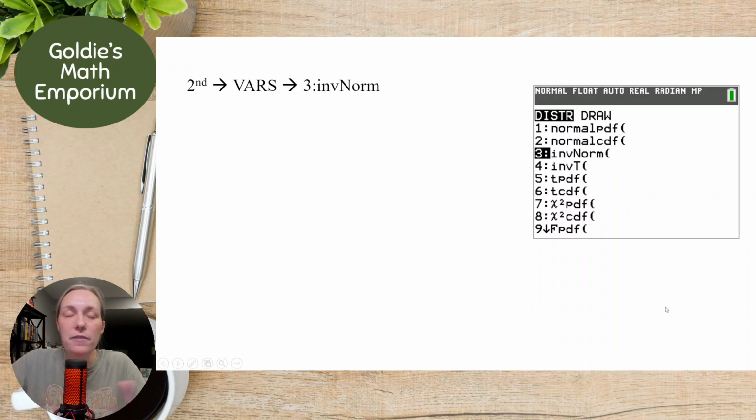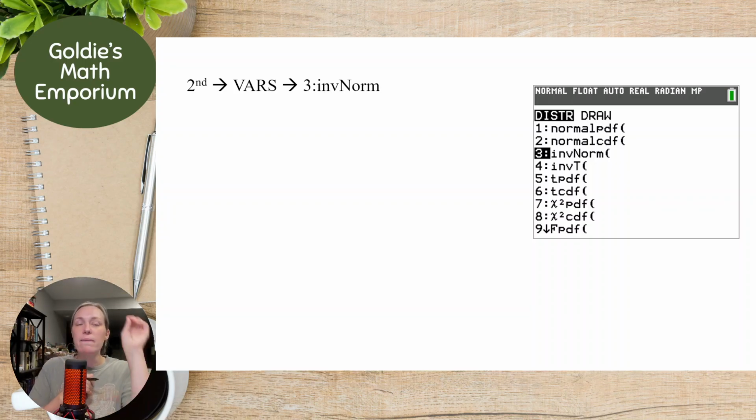Well, there are a few ways. There's of course the table that you can use. I'm just going to teach the calculator side, because that's what we're using in here. So back to that distribution. If you go to second VARS and get that list of distributions, I already told you we're not using normal PDF here. I'll explain a little more about it in the probability section, but we're never going to use it.